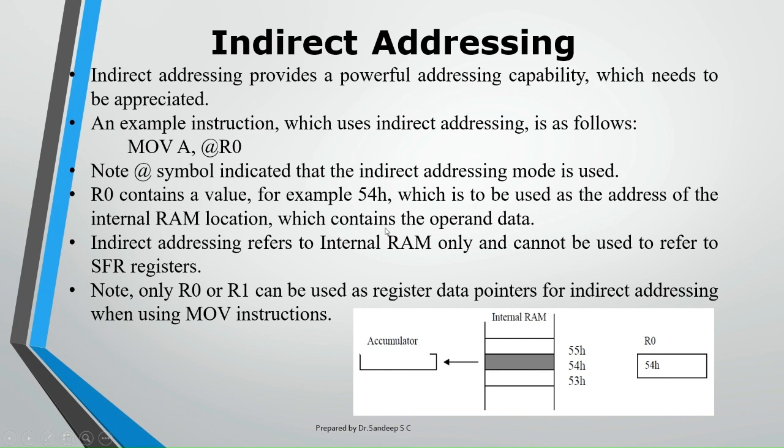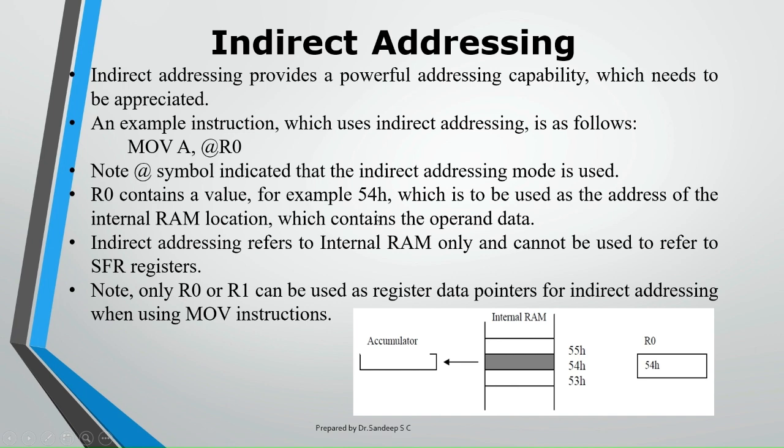And here in 8051, this addressing mode, that is indirect addressing mode, is supported only by R0 and R1 among the GPRs, the general purpose registers.